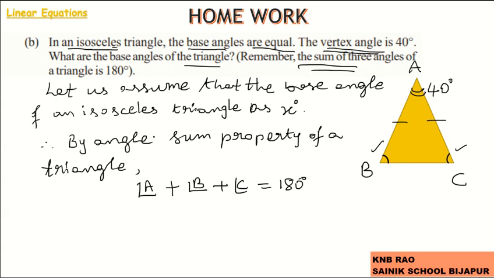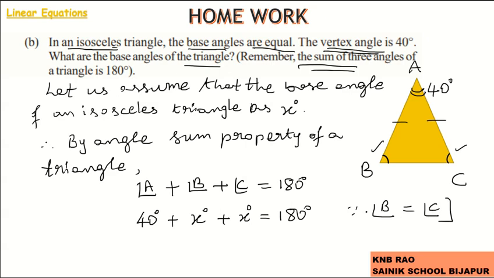You know, here angle A given as 40 degrees, angle B we assumed as x degrees, and even angle C is equal to base angle. It is x degrees only, since angle B equals to angle C given.